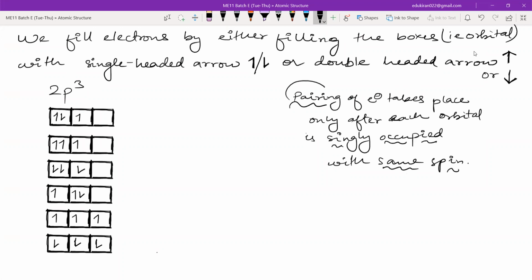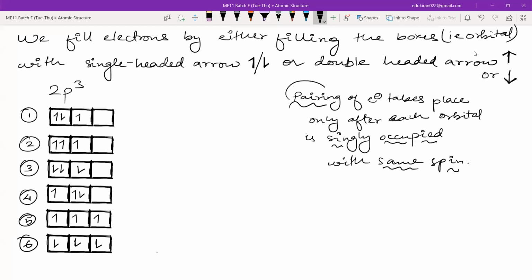Okay. Now, Abdul Wahid and Shoaib, can you please tell me about the first case? Is this possible? Yes or no? See what has happened.